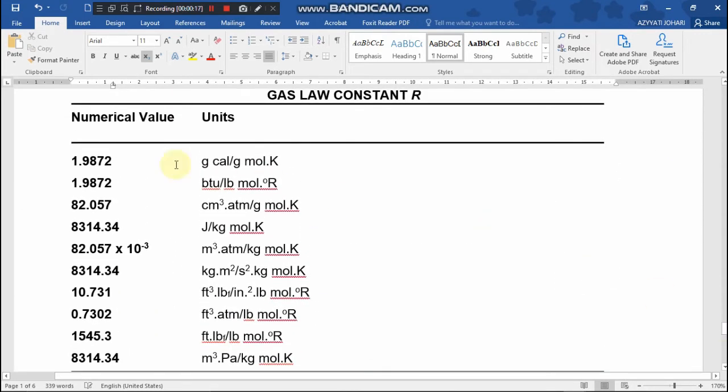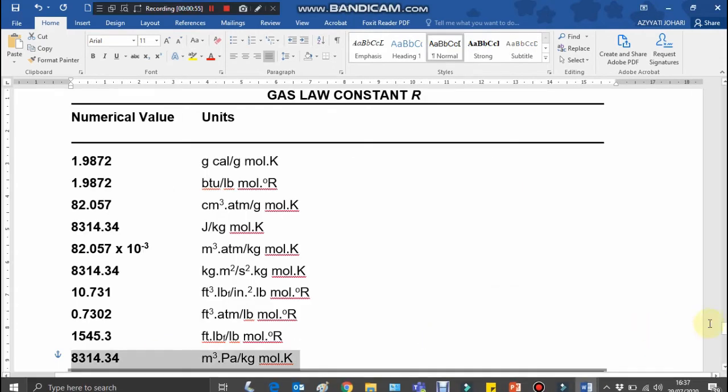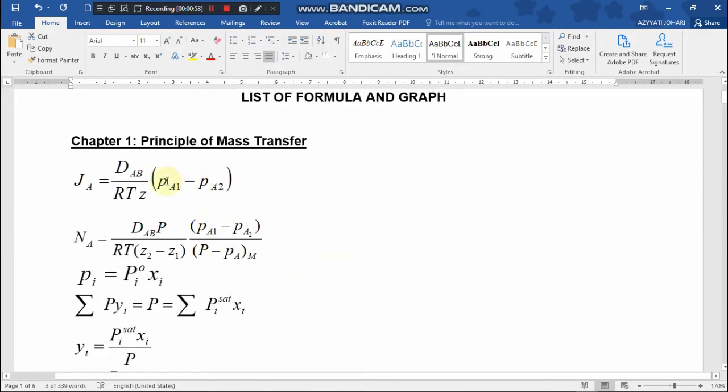This is the list of gas law constants, R. To pick which R you need, refer to the units the question uses for DAB, partial pressure, and so on. The most related R value is the last one, because it is in terms of Pascal and Kelvin. So you may take this value 8314 to substitute into the equation to calculate the flux.